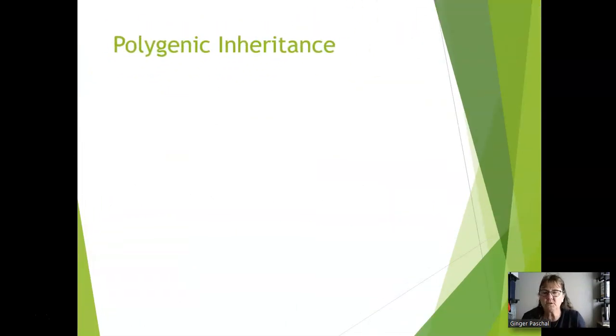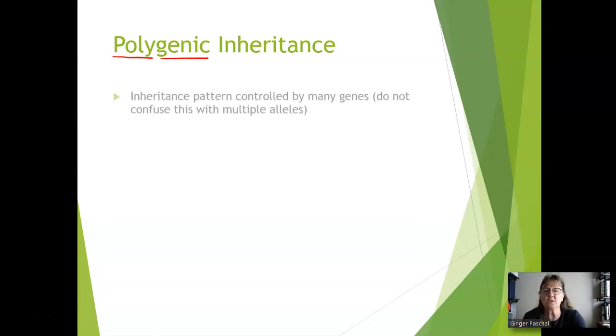All right, the last one we're going to talk about is polygenic inheritance. Poly means many. So this is many genes that are contributing to one trait. Don't confuse this with multiple alleles. Multiple alleles is talking about the alleles within one gene. This is talking about many genes contributing to one characteristic.